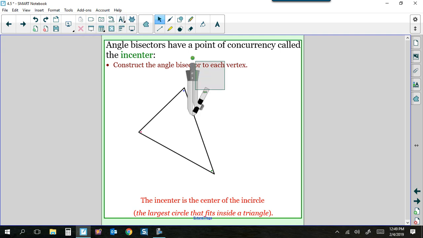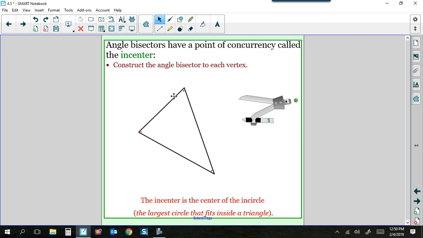So if I start up at the top, I'm going to place my compass right here, and I'm going to open it at any length you want, as long as you are able to create 2 intersections. And then from the 2 intersections, you are going to mark 2 more arcs that are the same. And those last 2 arcs should intersect, forming a second point through the vertex, making your angle bisector.